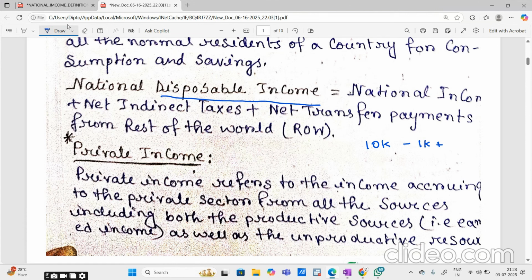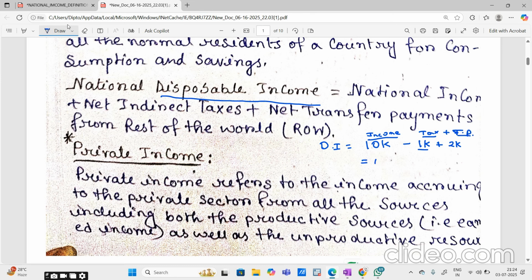Suppose it is 2000 rupees. Now what will be your disposable income? It is basically your income, but you cannot spend this entire income of 10,000 rupees, as you have to give taxes to the government. So you have to subtract the taxes from your income and add the subsidy or the transfer payment that you are receiving from any source.